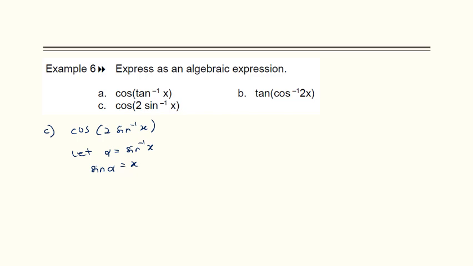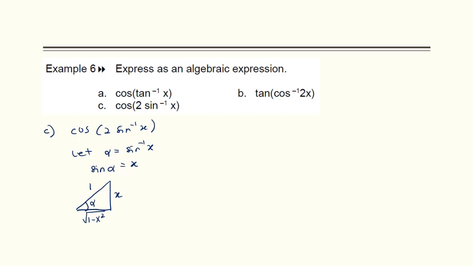Okay. So buatlah right angle triangle lagi. So this is our alpha. Sin alpha equal to x. So x over 1 lah. And then our adjacent square root 1 minus x square.